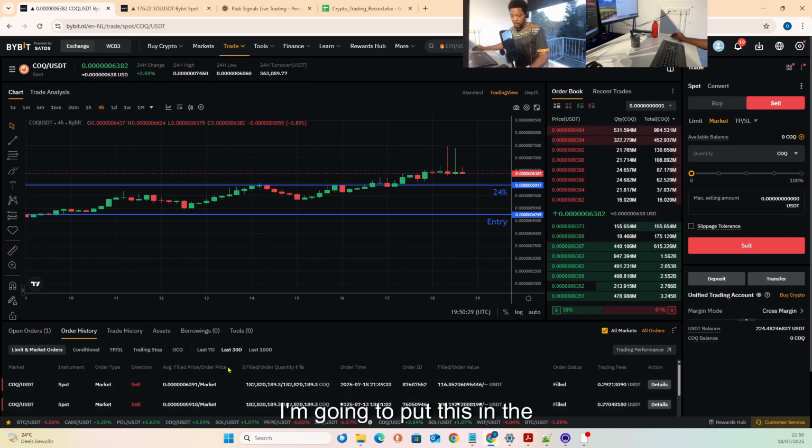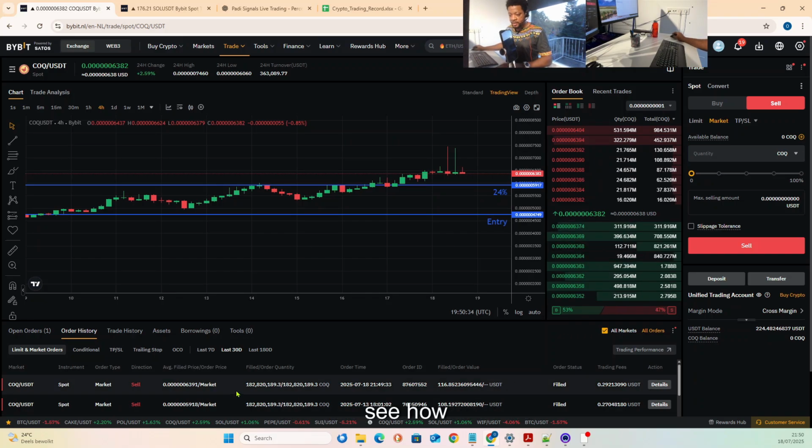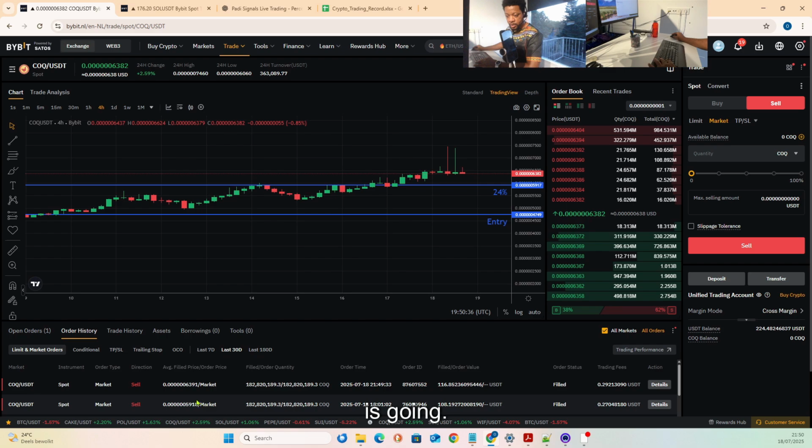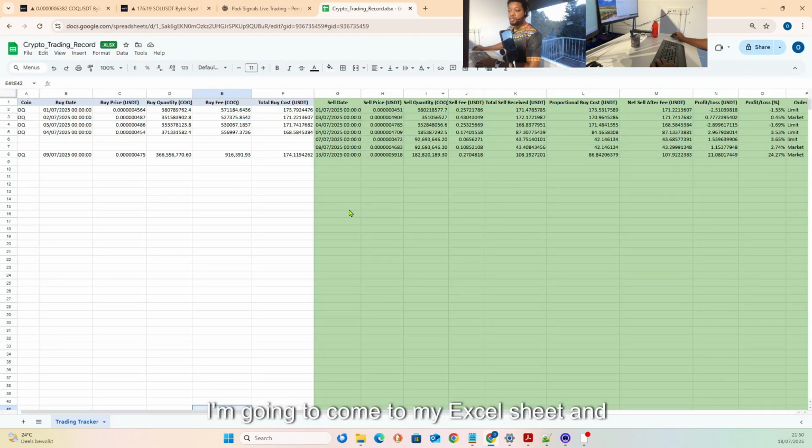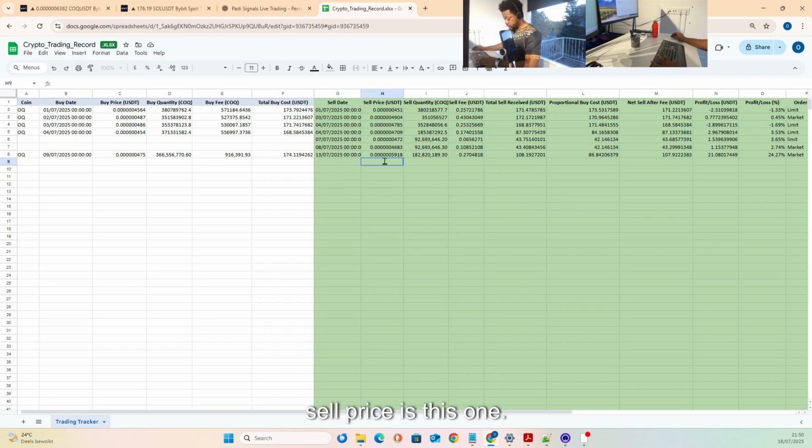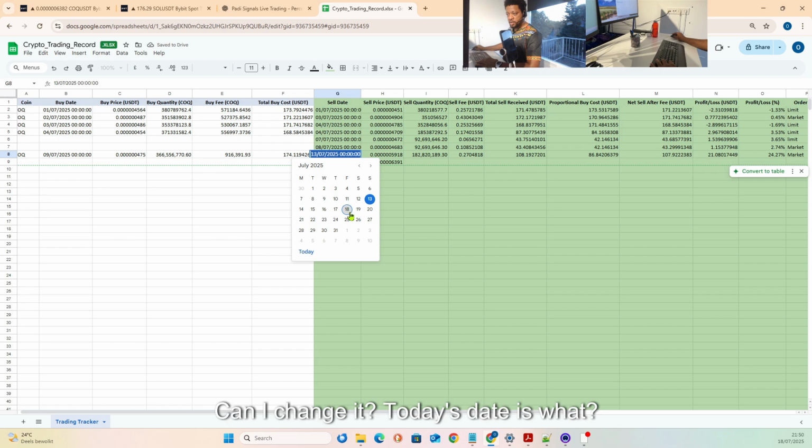So I'm going to put this in the Excel sheet so that we can see how it is going. So this is the price. I'm going to come to my Excel sheet, and the sell price is this one. I'm going to put the date. Today's date is what? 18th.